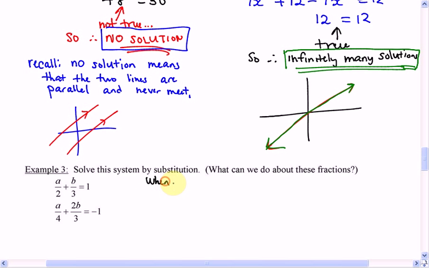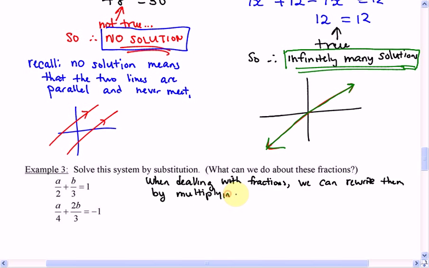So when dealing with fractions, we can, let's say, rewrite them, and I'll say this, by multiplying by the lowest common denominator.